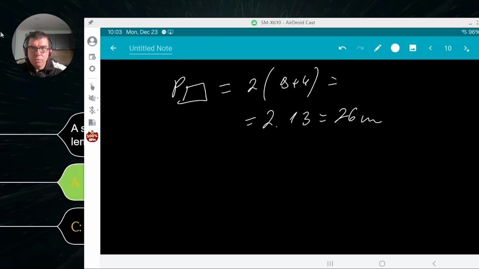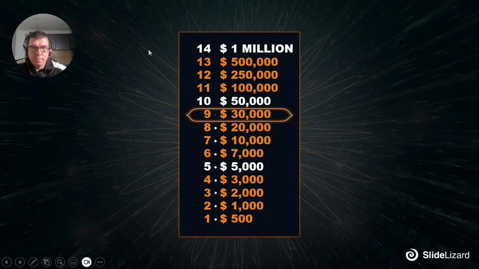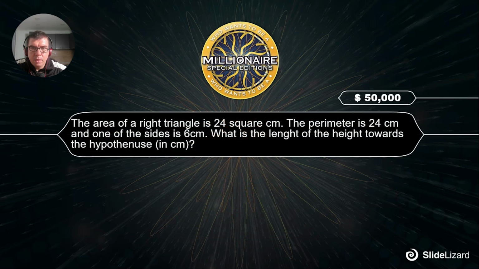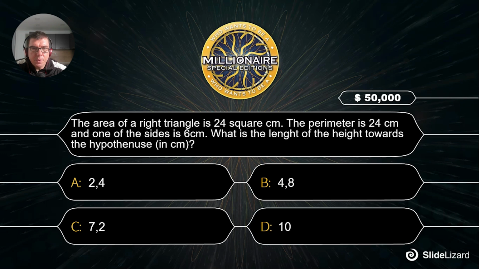Let's go to the next one. The area of a right triangle is 24 square centimeters. The perimeter is 24 centimeters and one of the sides is 6.